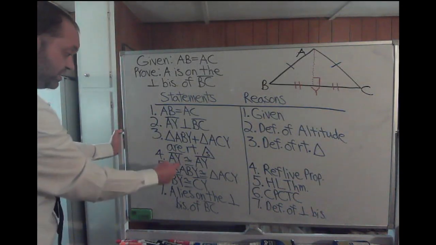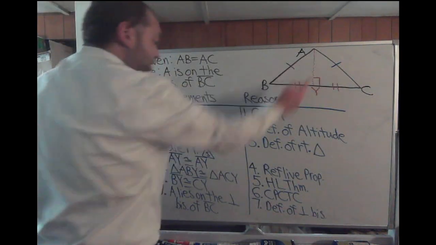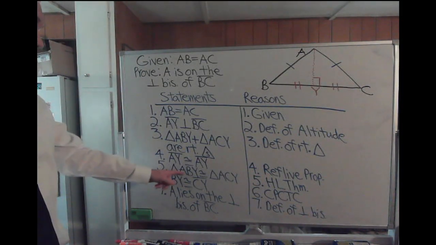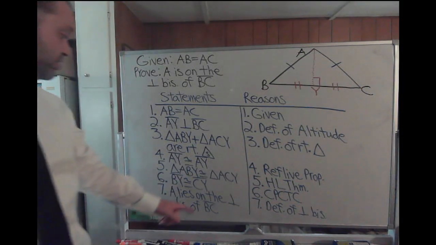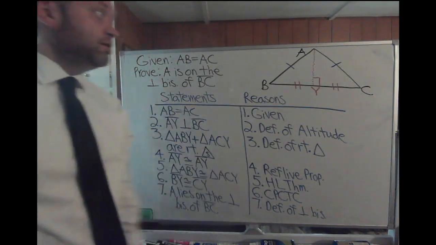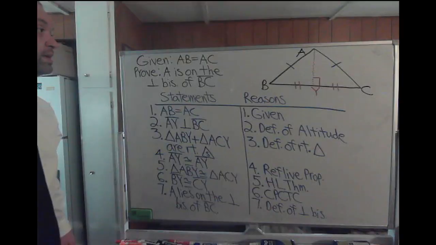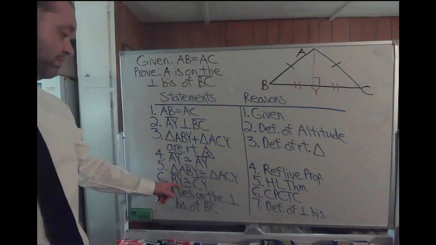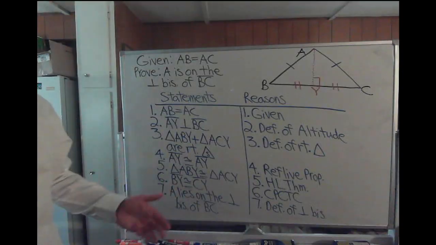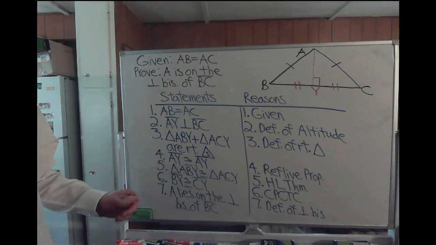And then, of course, AY is congruent to AY by the reflexive property. And then we can conclude that triangle ABY is congruent to triangle ACY by the hypotenuse leg theorem. And then we can conclude that BY is congruent to CY by CPCTC, that corresponding parts of congruent triangles are congruent.